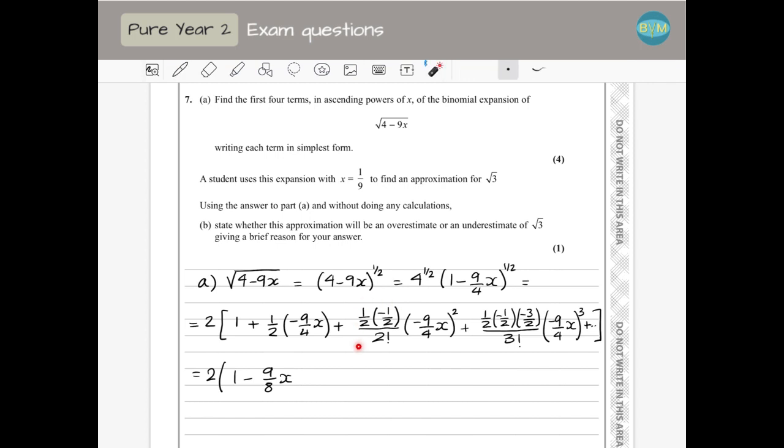I do this with the calculator easily, so I have 1/2 times minus 1/2 divided by 2 factorial and multiplied by minus 9/4 squared. This is going to be minus 81 over 128 x squared, and again I do the last one with the calculator, it is negative again, and I have 729 divided by 1024 multiplying x cubed.